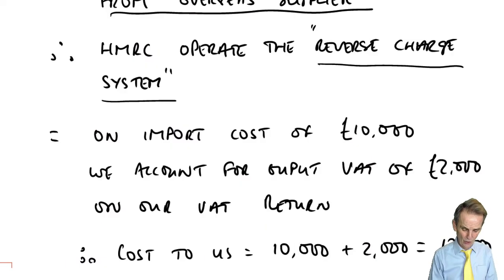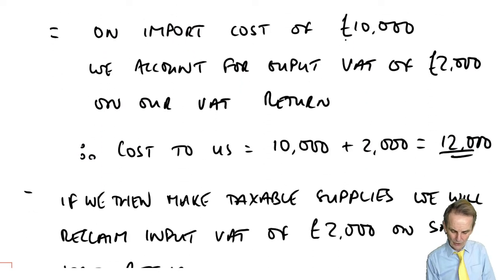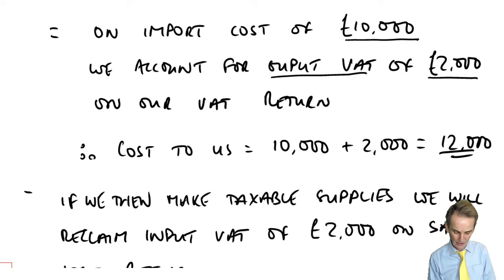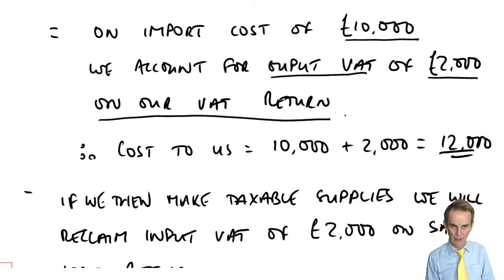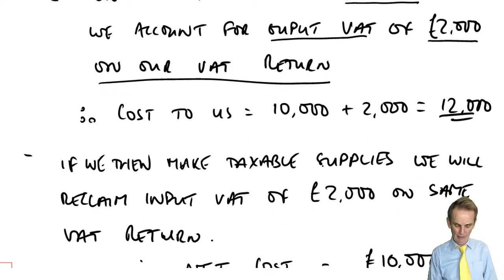Again, just to show you what's going on here, on our import cost of £10,000, we account for output VAT of £2,000 on our VAT return. That's what that note said. For the VAT return in which the import is made, we must account for, no matter what else happens, output VAT on that import of £2,000.